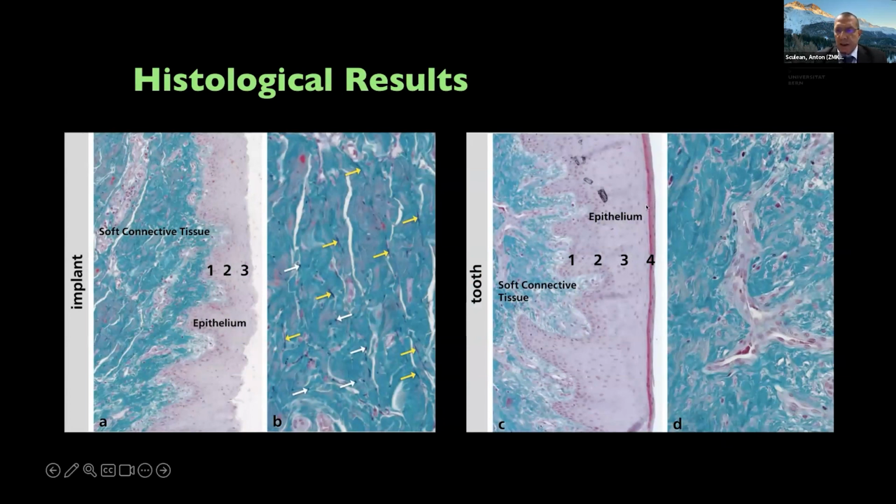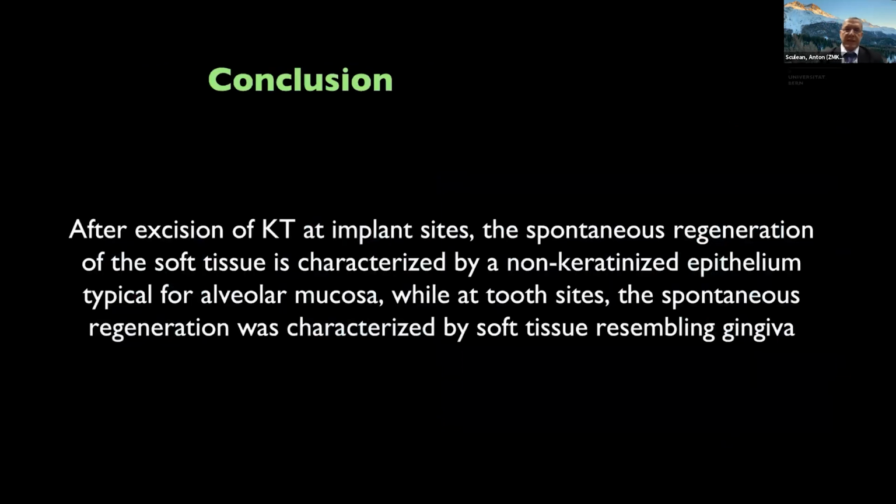That's the keratin layer at the tooth, and we have no keratin layer at the implant. So in fact, we had an important conclusion, namely that if we lose the tissue around an implant, this tissue doesn't come back by itself.